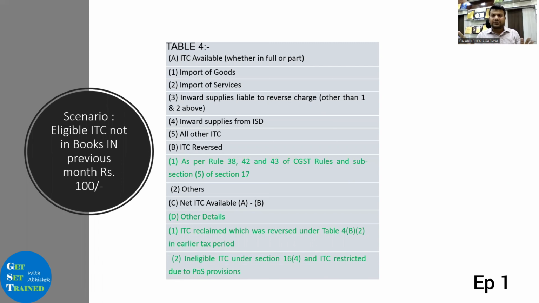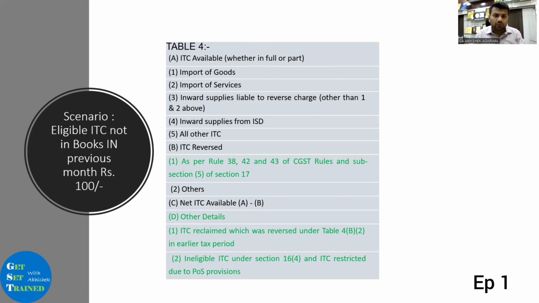In my GSTR, when it is disclosed, in your GSTR 2B it is coming for the month of June, right? But you have not received the goods. You are receiving the goods in the month of July. So as per 16 subsection 2, clause B, since you have not received the goods, you're not eligible to take the credit. But your GSTR 2B already has that amount because Abhishek has reported in GSTR 1.